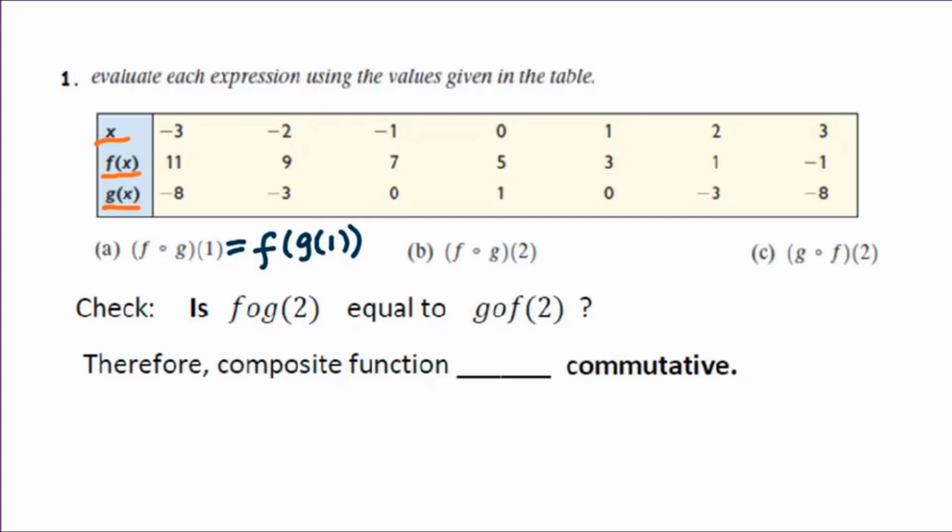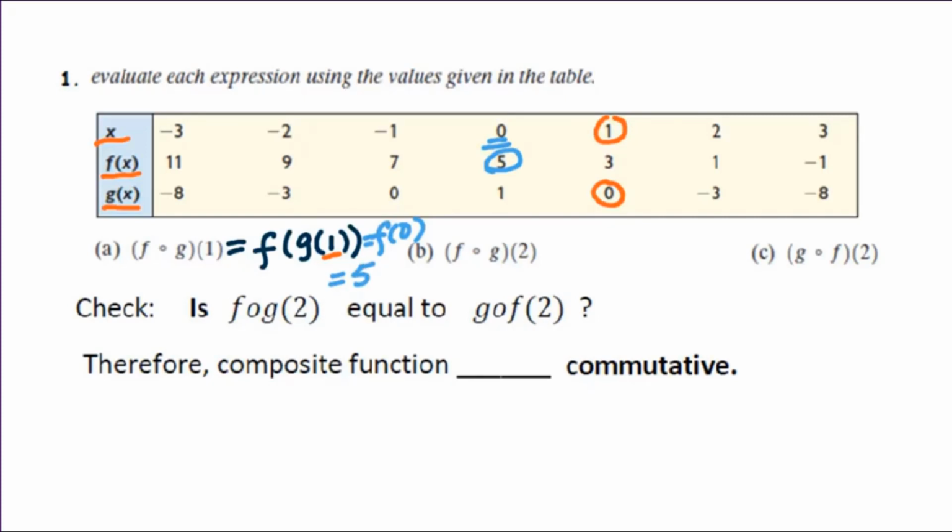We find x equals 1 first, then go to the g function. The g value here is 0. Therefore, g of 1 equals 0. We can write down f of 0 now. For f of 0, we find x equals 0 first, then the second row, the f function. So f of 0 equals 5.